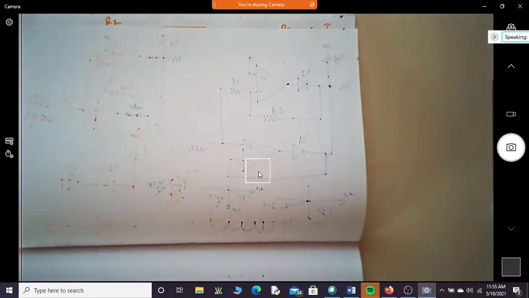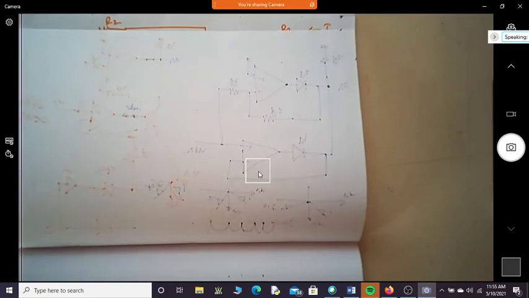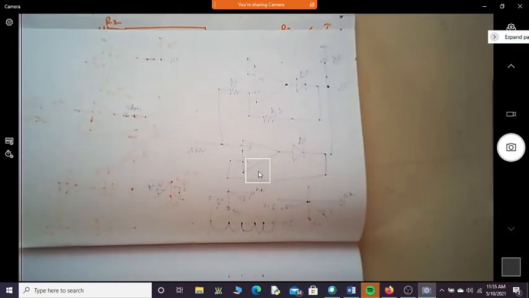Can you relate this to whatever you did in your 555 timer astable multivibrator? How do you relate? No, there also we had a VCO. What was the error voltage there?